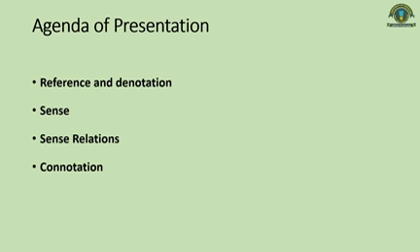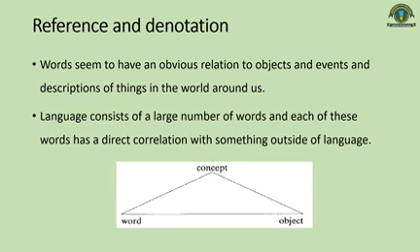Okay, now we are starting our session. In everyday language, there are words, for example tree, run, red, which seem to have an obvious relation with objects and events, and with the description of things in the world we live in. Students, children learning their language first learn words in association with observable items, situations and events.